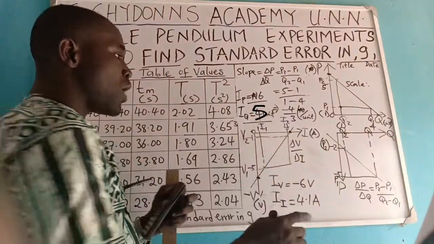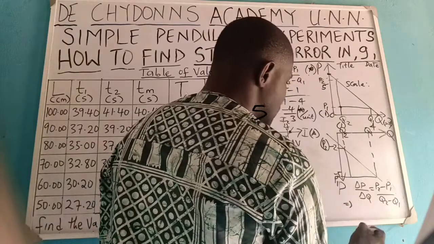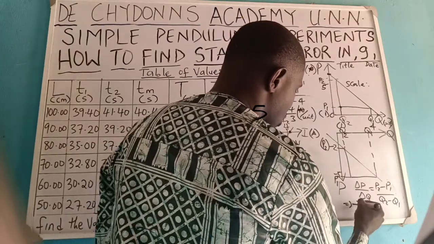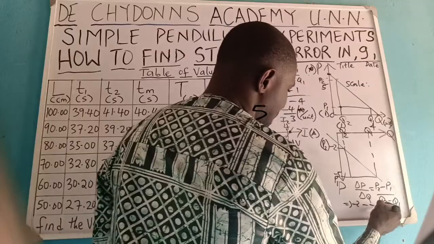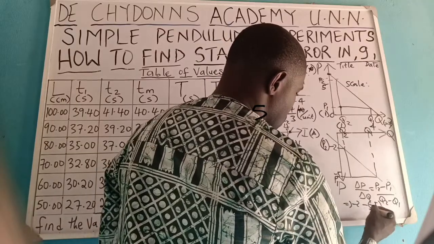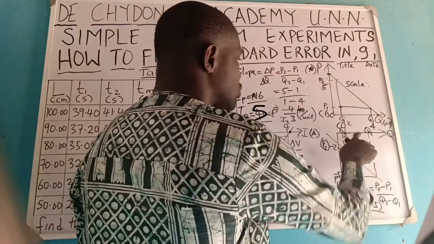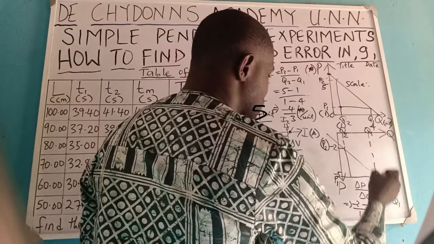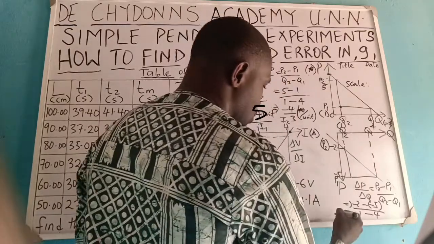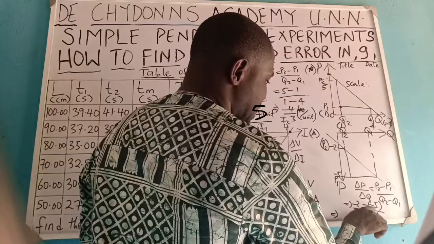Okay? So what is your P2? You say P2 is minus 2 minus, your P1 is minus 5, all over Q2 is 1 and Q1 is 4. What does it mean? Minus times minus is plus.